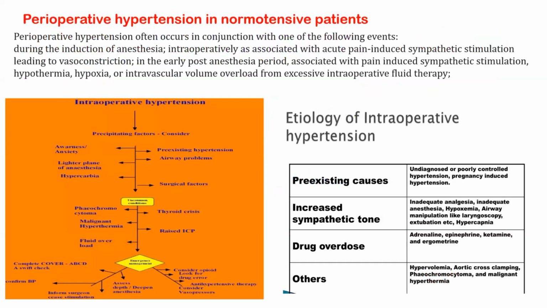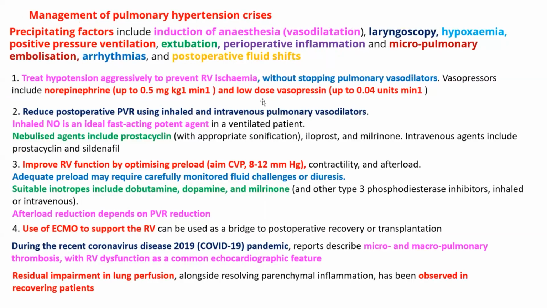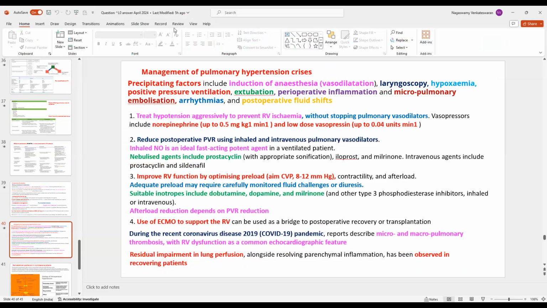So these are all the points that we added. I hope that is giving a clear picture of pulmonary hypertension, how to classify, how to assess the risk, and how to manage a patient with it.